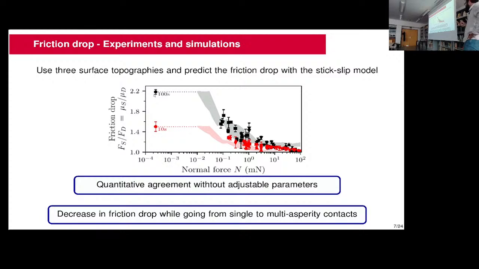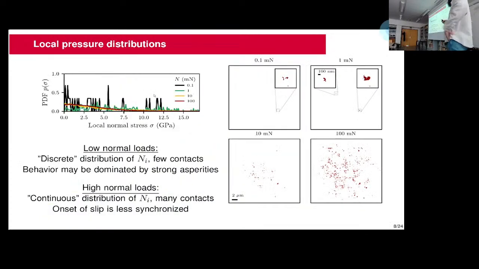So first, we can look at the distribution of pressure. That's the first insight. If you look at the pressure distribution, when you have only a few asperities, you have something that is, say, more discrete in a way, because one asperity might have a really high pressure compared to the other. But as soon as you add more asperities in the system, you have a more continuous distribution of pressure.